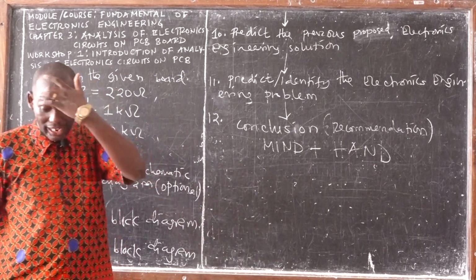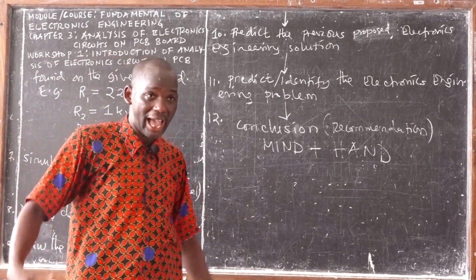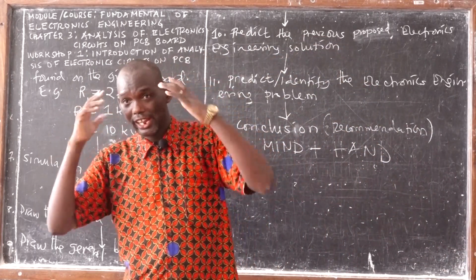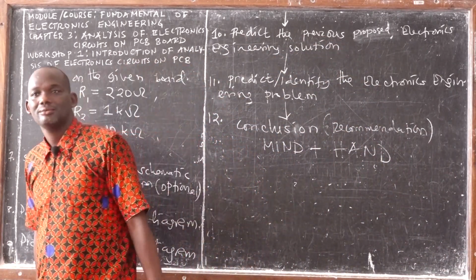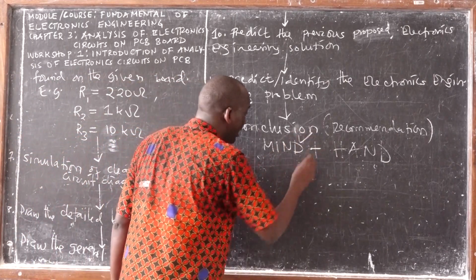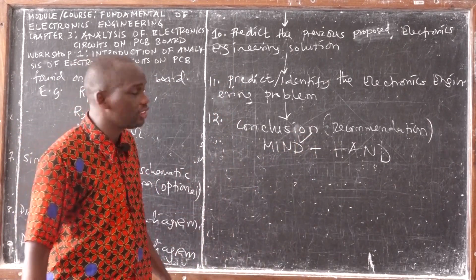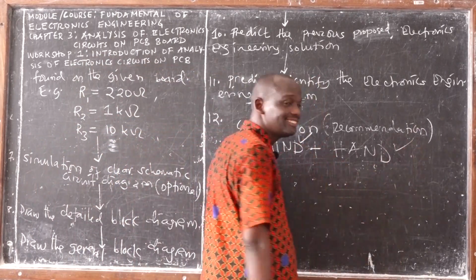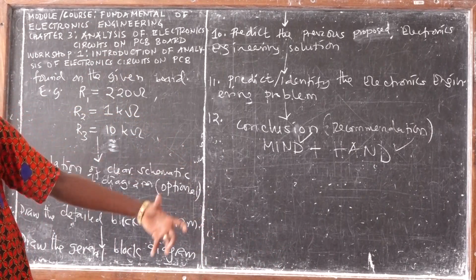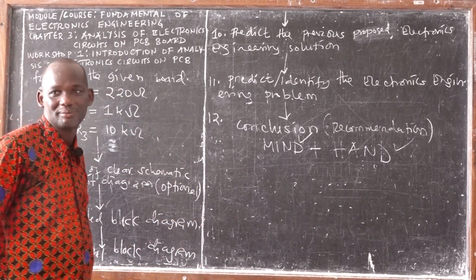This is all about my electronics and telecommunication engineering. Mind has to work and hands has to work. We are done with the part of mind. The next workshop will be hands. Very interesting. That is my own motto that I live every day.